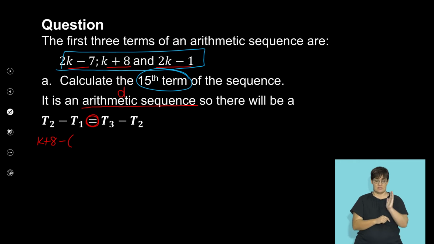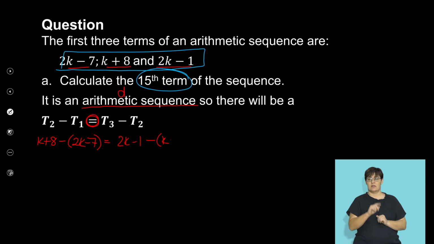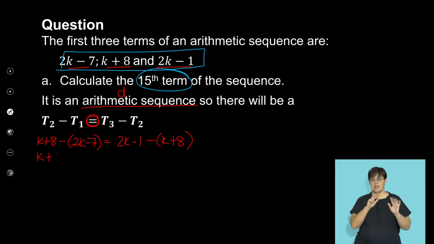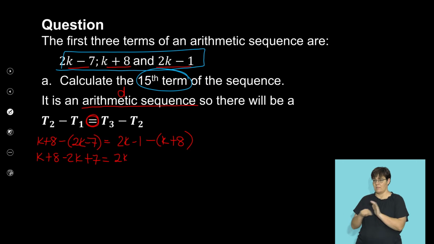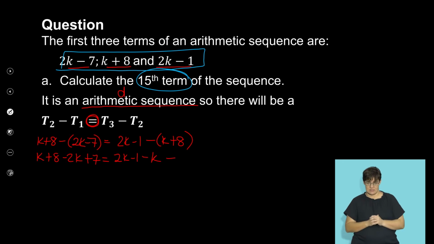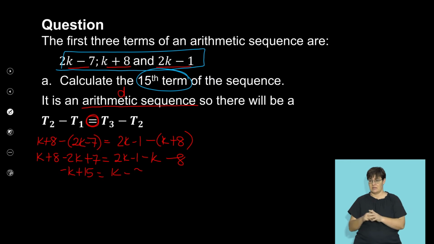Then I'm going to subtract term 1, which is 2k minus 7, which is equal to term 3, which is 2k minus 1. And I'm going to subtract term 2, which is k plus 8. If I distribute the negative in on the left, I'm going to have k plus 8 minus 2k plus 7 is equal to 2k minus 1 minus k minus 8. Simplifying, I'm going to have negative k plus 15 is equal to k minus 9.